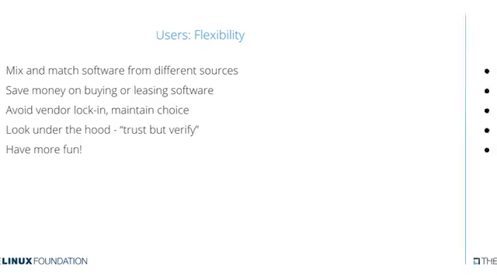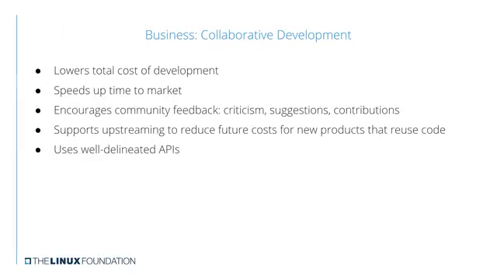Businesses can lower the total cost of development since they can build on the work of others who don't work for their specific company. This also speeds up the time of development and the time of release of a product to market. Having a lot of community feedback, criticism, and suggestions also lets you gain resources beyond actual employees.